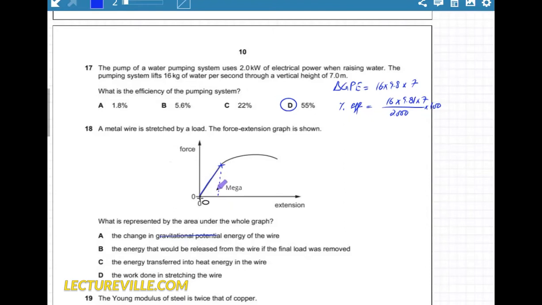But this area is not the same for something which will not come back, because that might come to a permanent extension like this on releasing. So nope, not B. The energy transferred into heat energy of the wire? No, it is not that as well. So answer will be D.